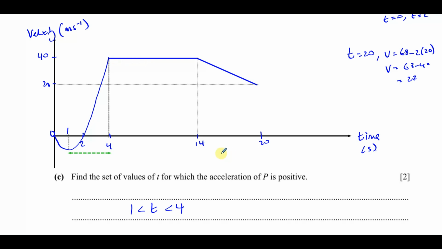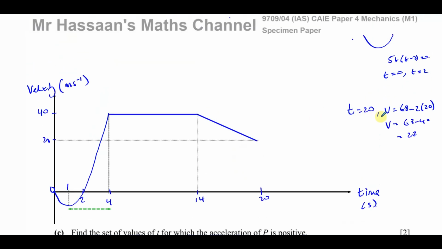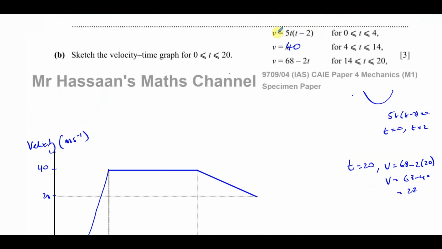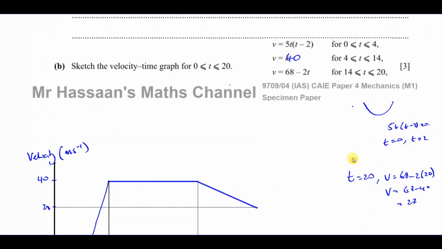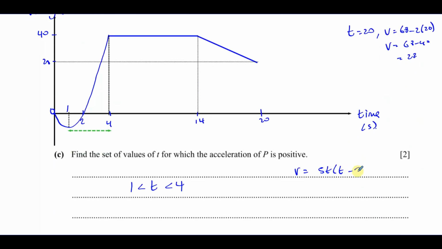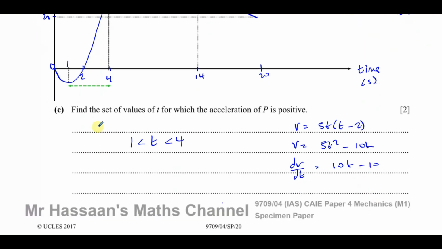We could also take the equation of the graph, v equals 5t times t minus 2, and work it out that way. We could expand it, so you get 5t squared minus 10t, and find dv/dt, which is the acceleration, which is 10t minus 10, and find where the acceleration is 0.